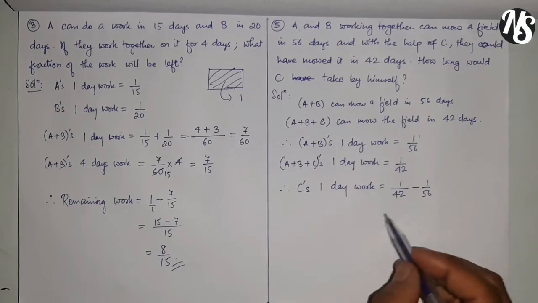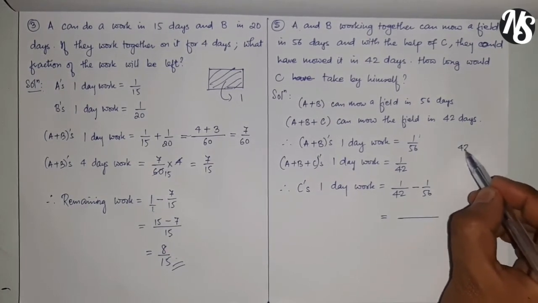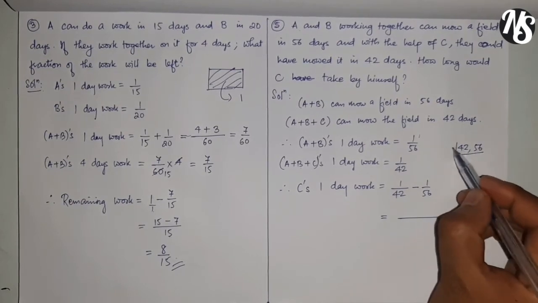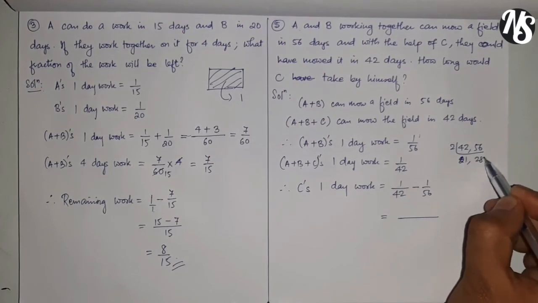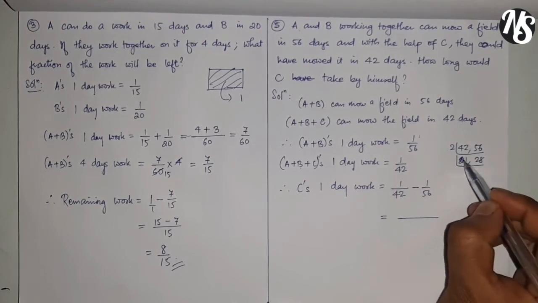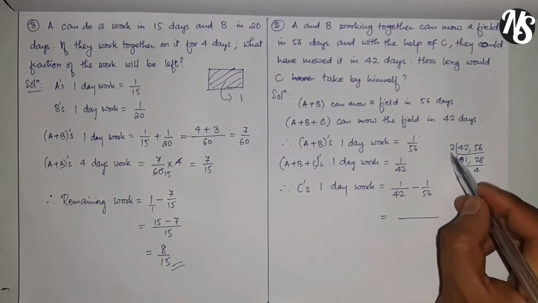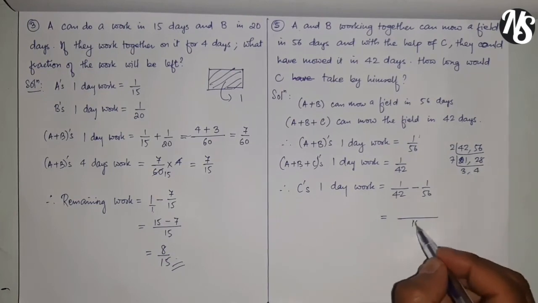Now let's find the LCM. So you will have 42 and 56 out here. Let's divide with 2. When you divide with 2, you get 21, 28. Again with 7, so 3 and 4 here. Just multiply all these, you get 168.